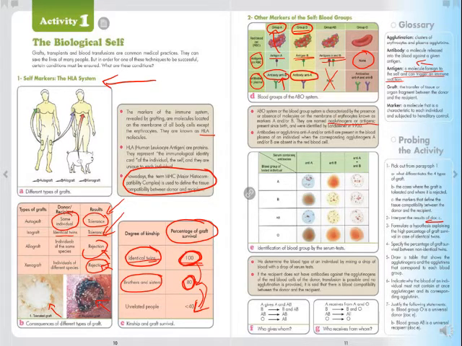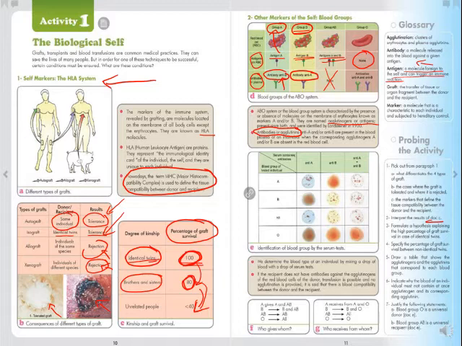They are present since birth, and they were identified by Landsteiner in 1900. Antibodies or agglutinins: whenever you hear the word agglutinin, it means antibody. Anti-A and/or anti-B are present in the blood plasma, where the corresponding agglutinogens are present in the red blood cells. So you have to know this note.